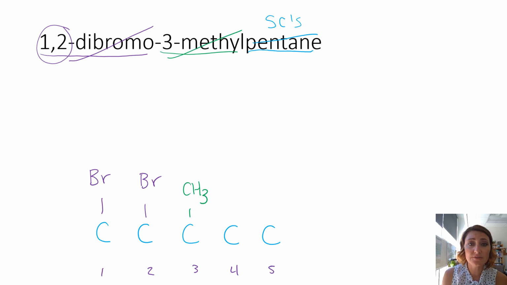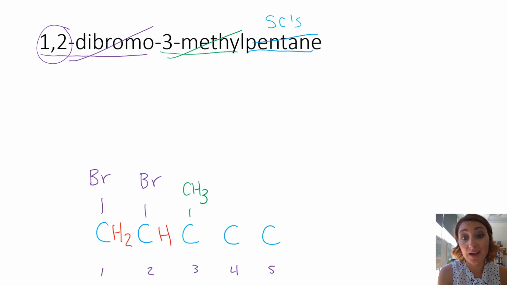So the last and final thing to do is to fill in hydrogens so that every carbon has 4 shared pairs of electrons or 8 total electrons. Carbon 1 is attached to carbon 2 and bromine, that's 2 bonds. It'll need 2 hydrogens. Carbon 2 is attached to carbons 1 and 3 as well as a bromine. That's 3 bonds.